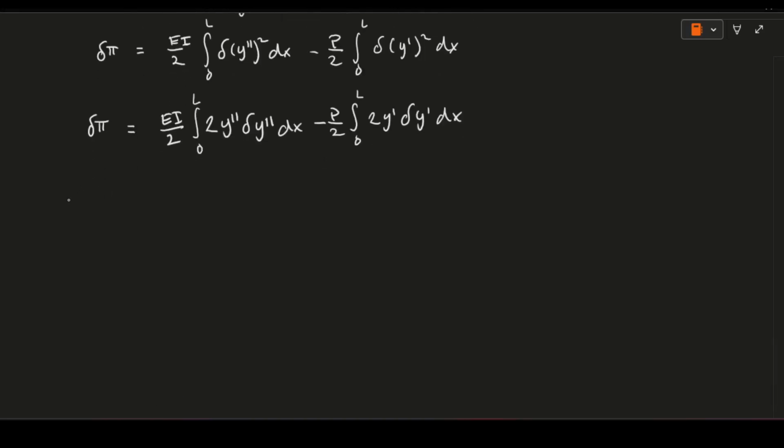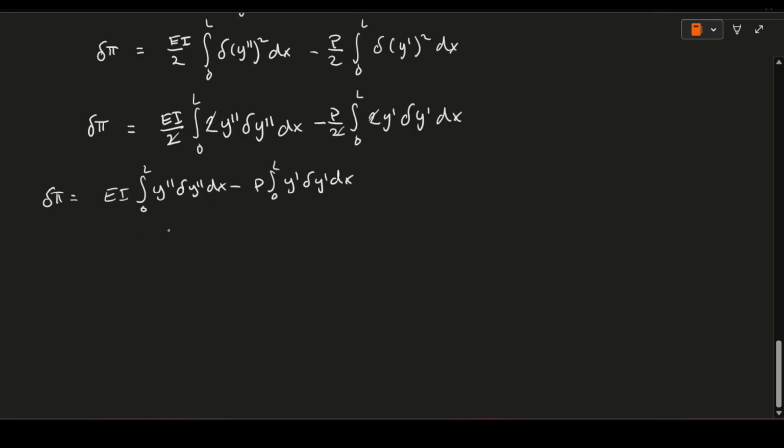The 2's cancel, so just rewriting the equation above, you get EI integral from 0 to L y prime prime del y prime prime dx minus P integral from 0 to L of y prime del y prime dx.